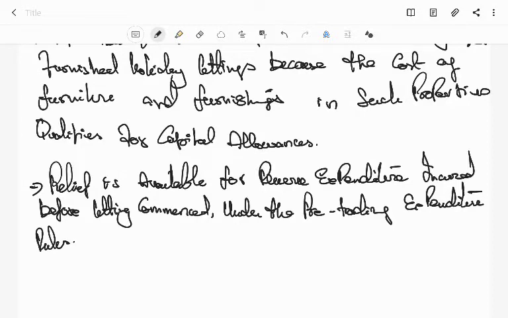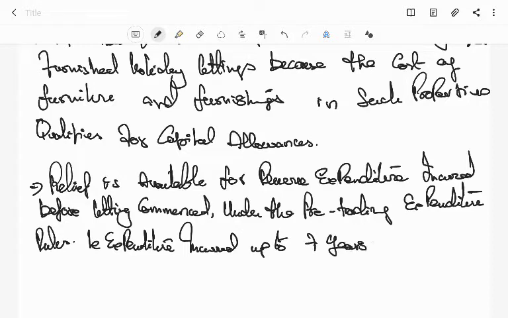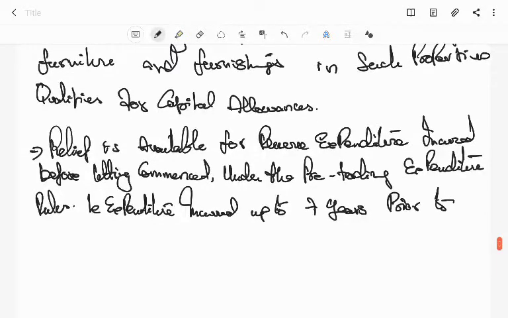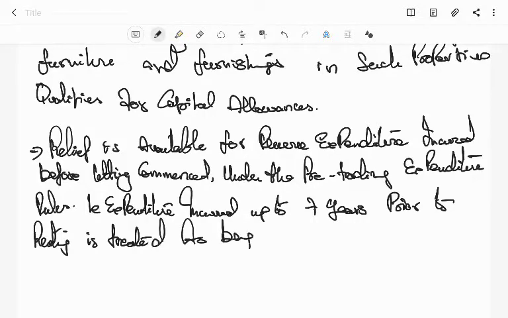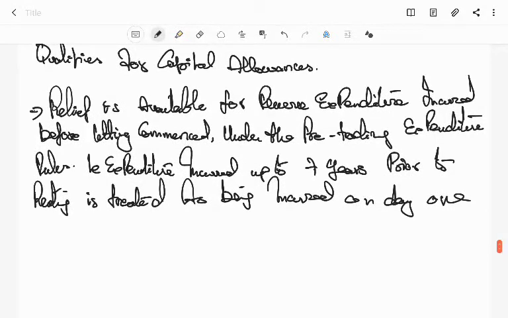That is, expenditure incurred up to 7 years prior to renting is treated as being incurred on day one of the letting business.